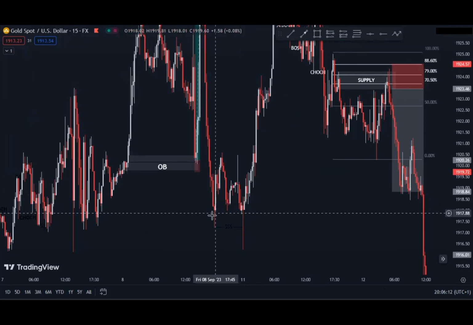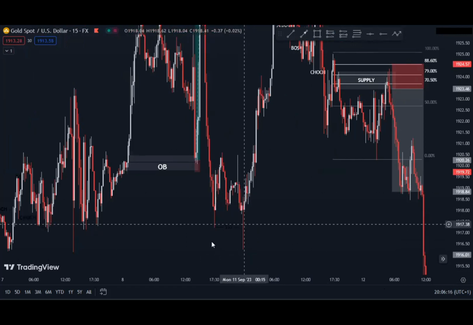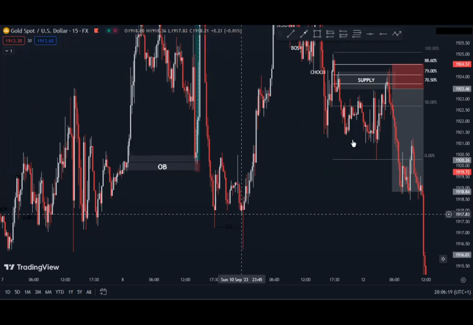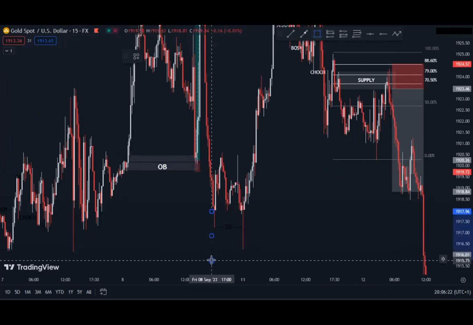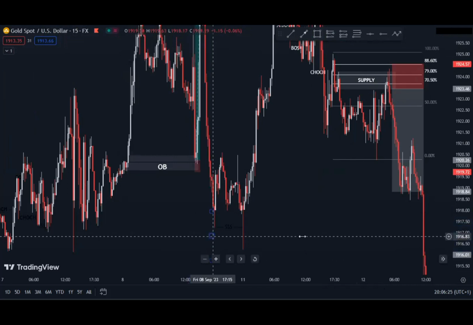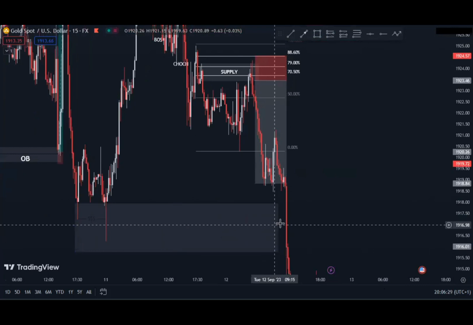But if you see, market gave us multiple weak rejection, rejecting this particular price around here. So we'll be aiming in there for our take profit. Somewhere here, we'll be aiming in here for our take profit.